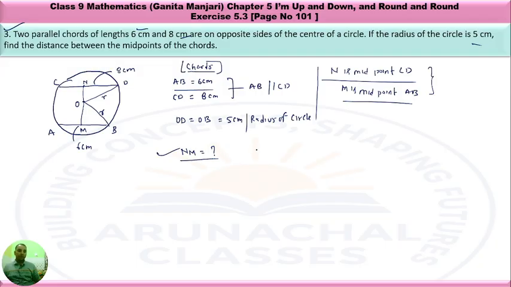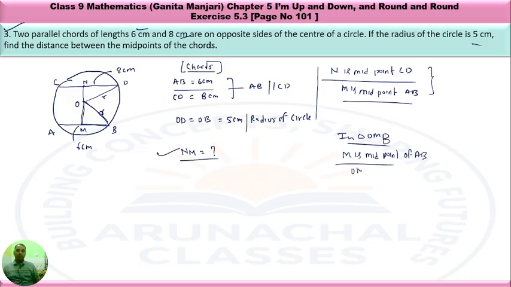So first triangle I will take triangle OMB. In triangle OMB, what I find is that M is the midpoint of AB.